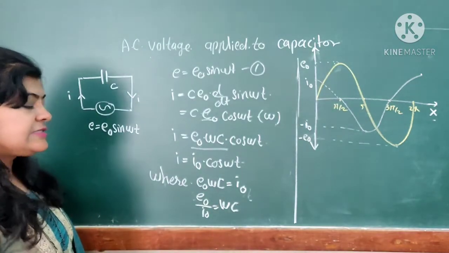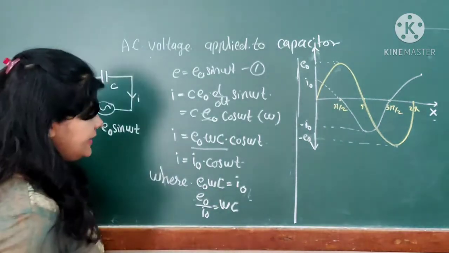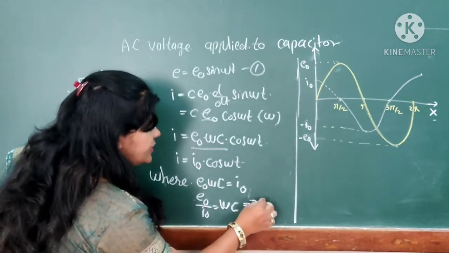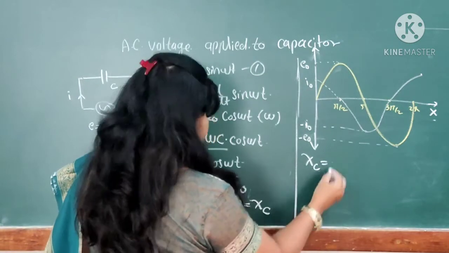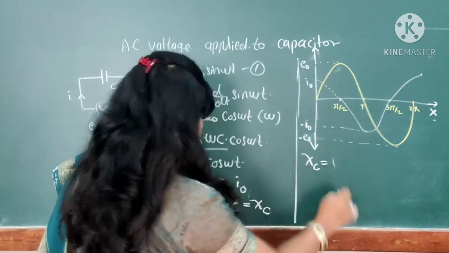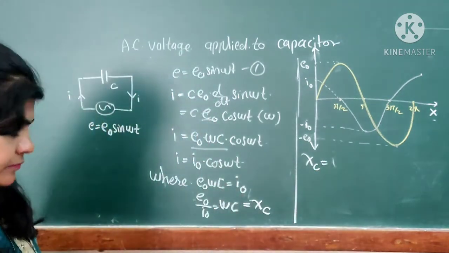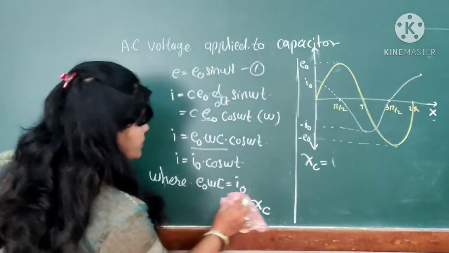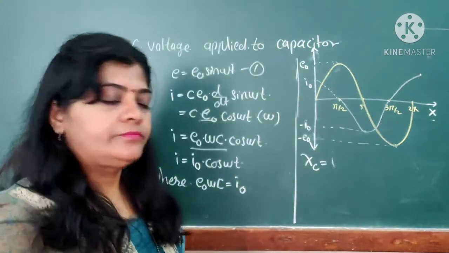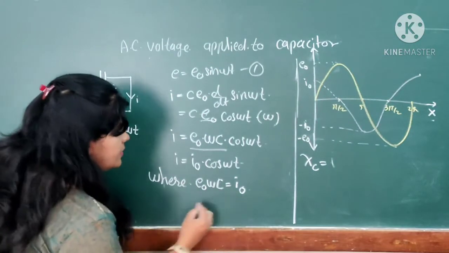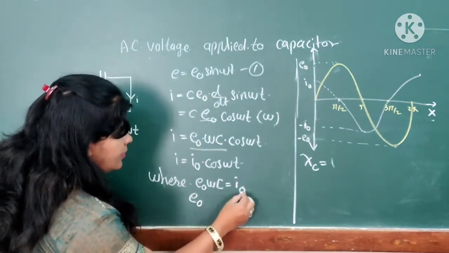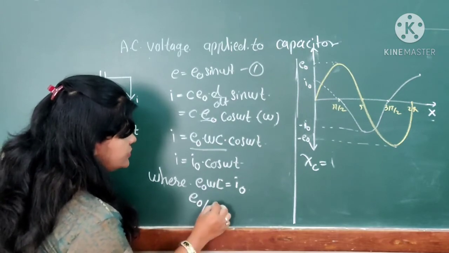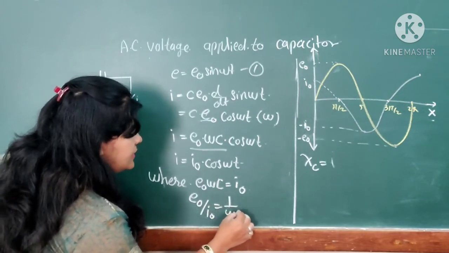That's why that resistance we call capacitive reactance, denoted by Xc. Therefore, Xc is equal to E naught upon I naught, which gives 1 upon omega c.